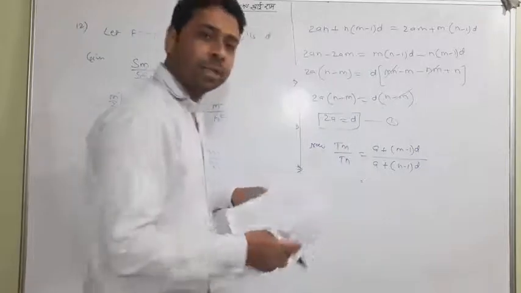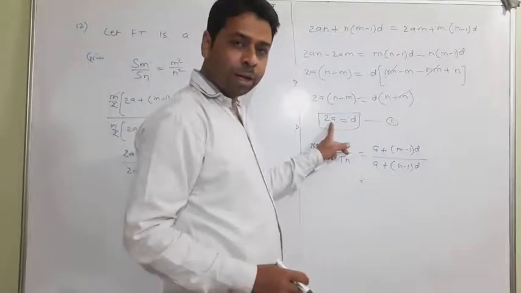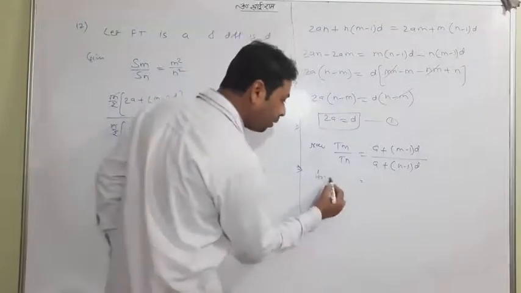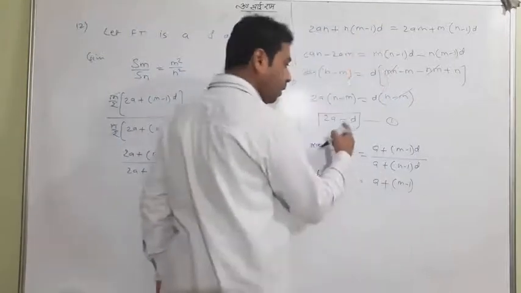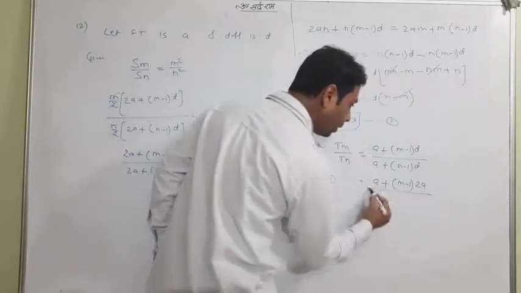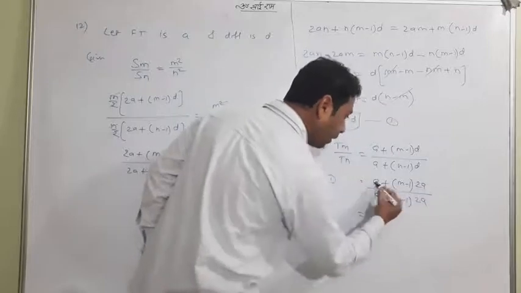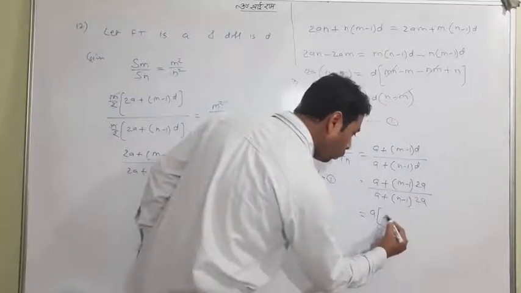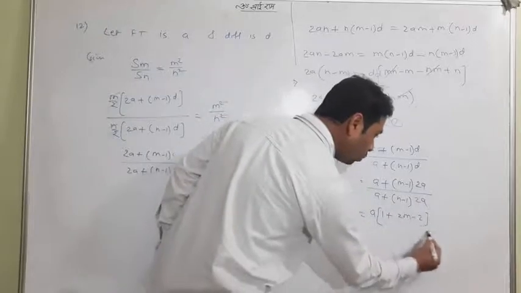Okay, we have got. Now further what we'll do? We have got d equal to 2a now. So we will put the value. We got a conclusion from the given that d is equal to 2a. So 2a will be written here: a plus n minus 1 into 2a. Take a common: 1 plus, multiplying 2 in the bracket, 2m minus 2.